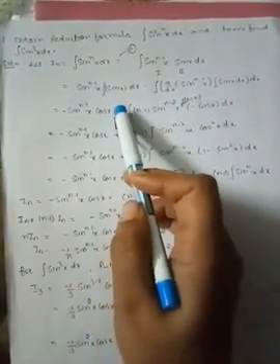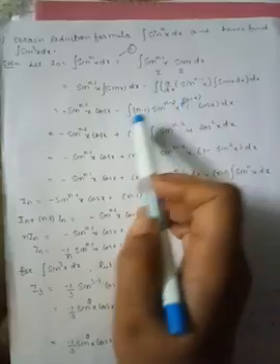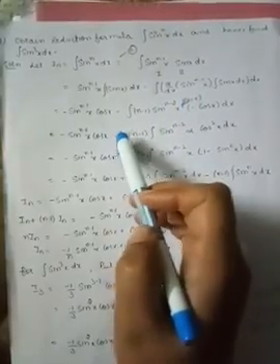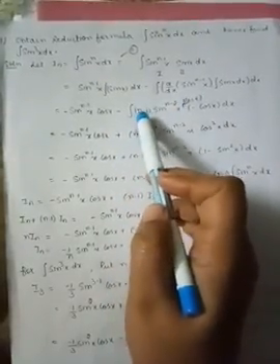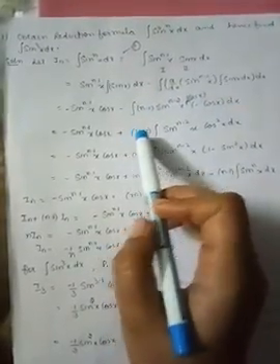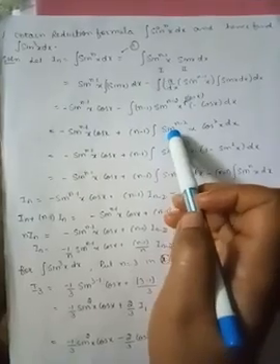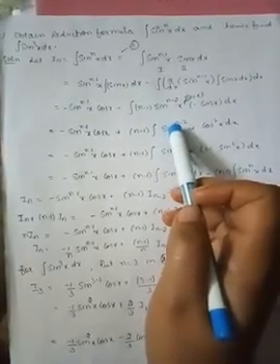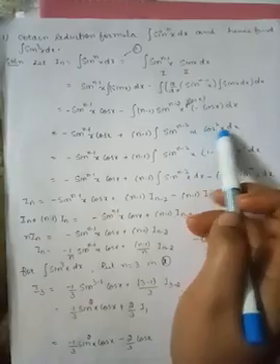In the next step we combine this minus with this, and this will become the positive sign, and (n-1) is a constant, that means it is independent of x, so we will take it outside the integral. So in the integral we have two terms, sin^(n-2) x and cos^2 x dx.